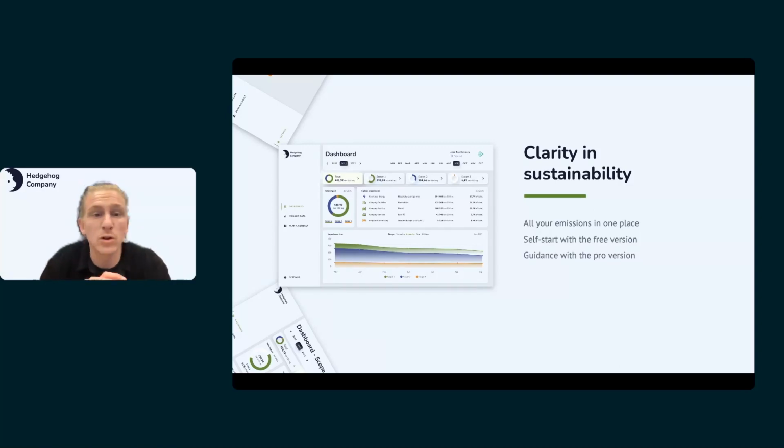When you are a bit more of a complex organization, or you simply want to have a larger in-depth idea of the impact in, for example, your canteen emissions, other procurement, then we are there for guiding you with the pro version, where we really build your organization's tailor-made emission database, so that you can have a full robustness of insights and a high level of detail of insights in your organization's carbon footprint.